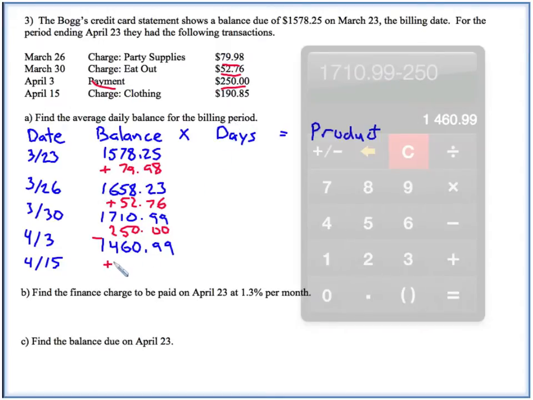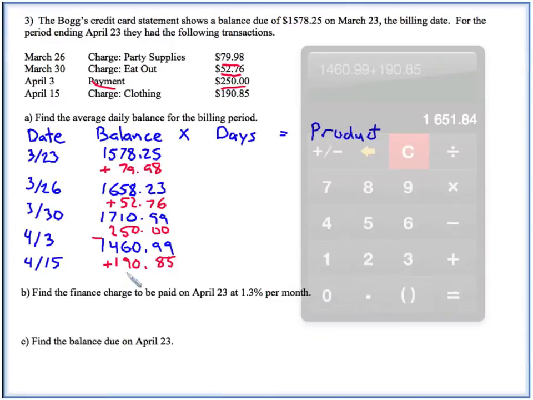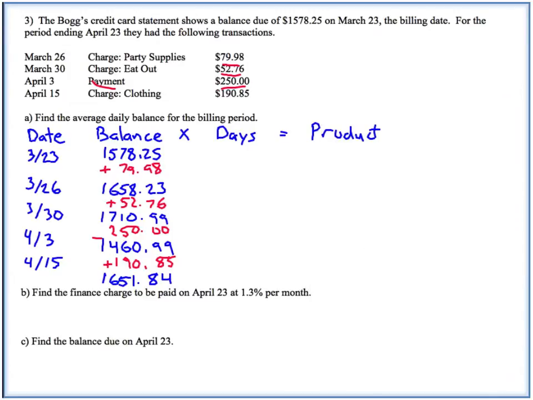So we need to add 190.85. And that gives me $1,651.84. Okay, so now we have our balance on each of the days for every transaction that was made.